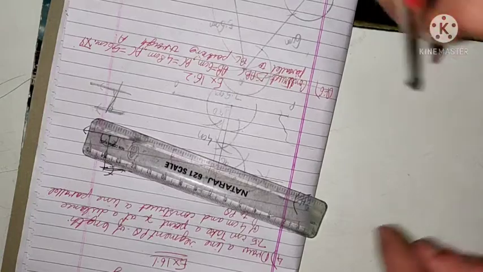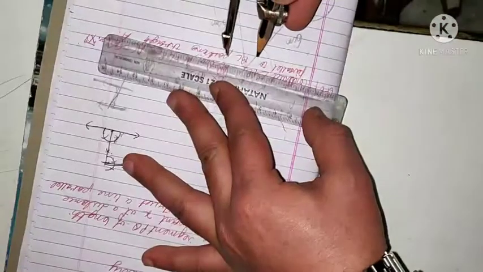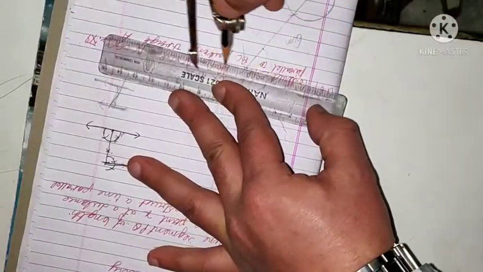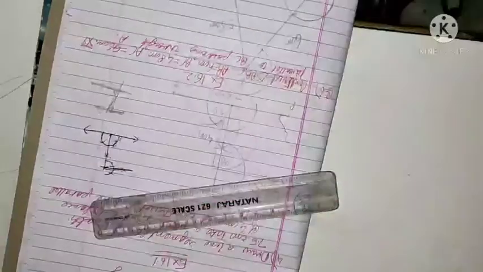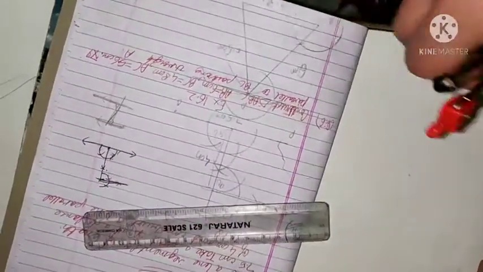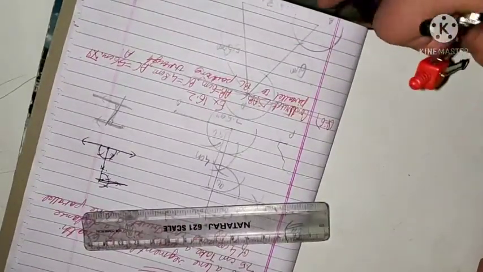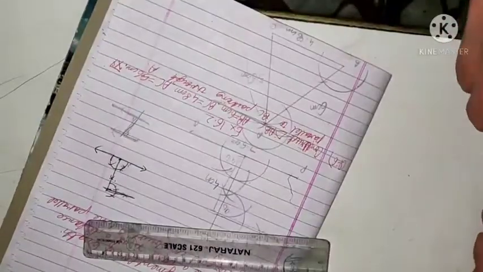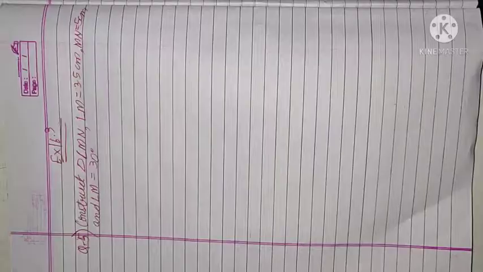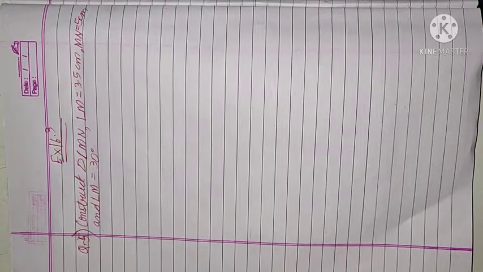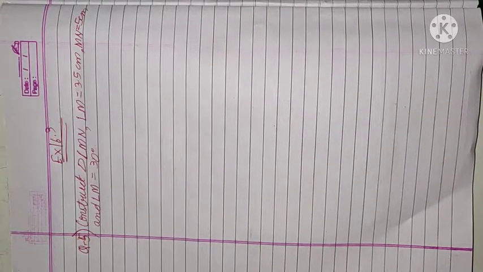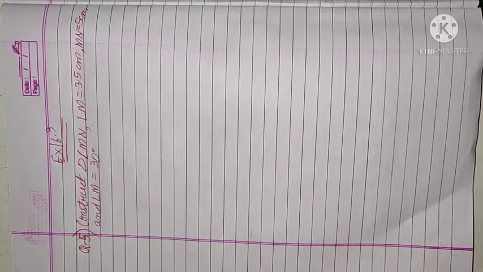Okay, so this is our line that is parallel to line BC. Okay, so this is our question here that says that you have to construct a triangle LMN where LM is equal to 3.5 centimeters.